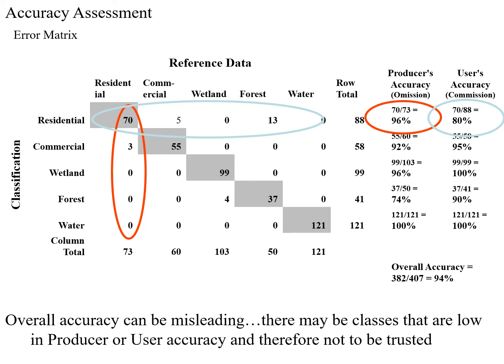So there are two things to know here. One of which is accuracy assessment is incredibly important. And don't let an overall accuracy fool you into thinking that the map is reliable, because it's literally the oldest trick in the book to say, oh, I'm going to put in a whole bunch of water points or cloud points and count those toward my overall classification. And that's going to hide a bunch of errors in my other classes.